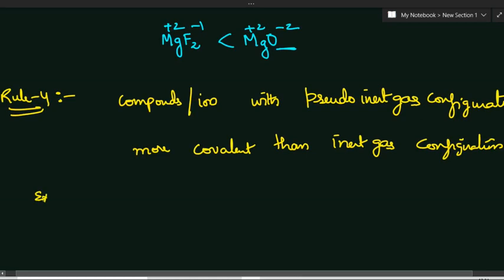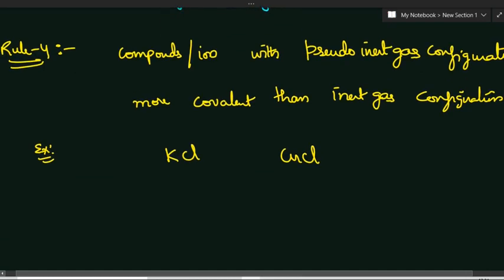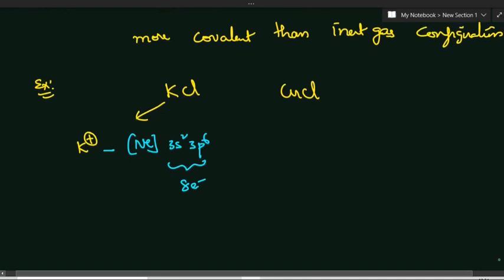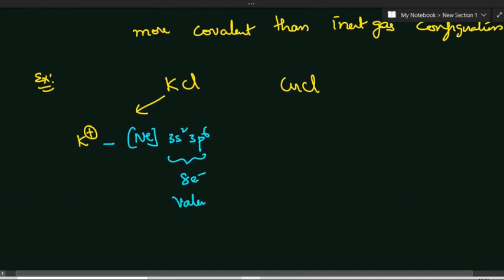Now, for example, if I ask you between KCl and CuCl, which is more covalent in nature? Now, if I write the potassium K plus ion configuration, that is neon 3s2 3p6. So here you have 8 electrons in the valence shell. Nothing but inert gas configuration.